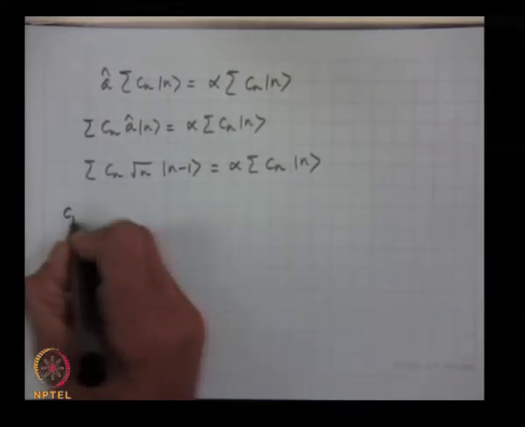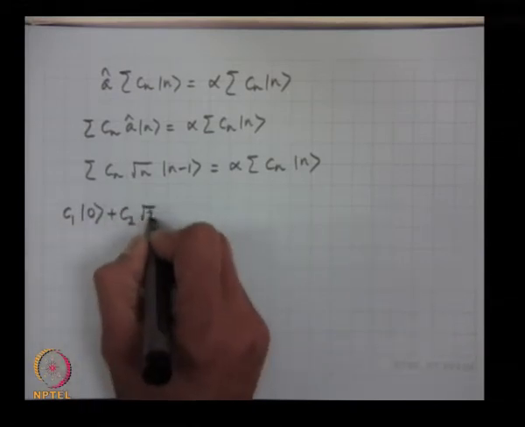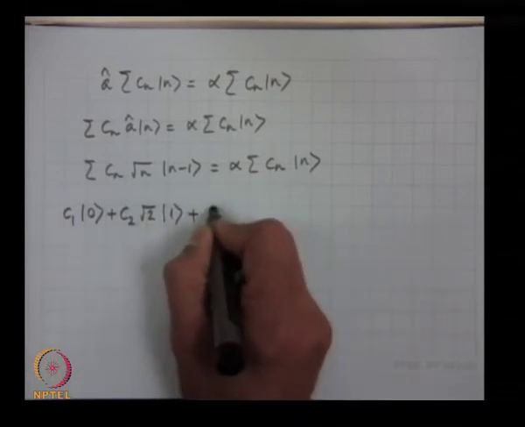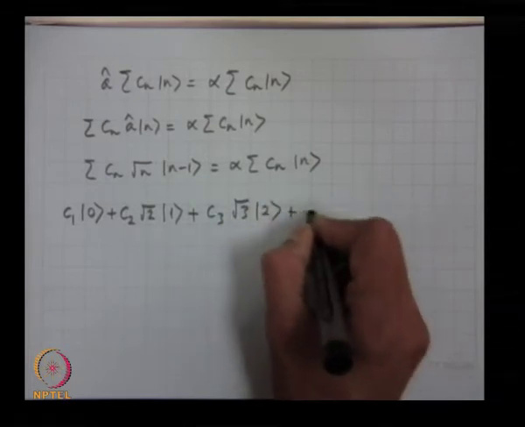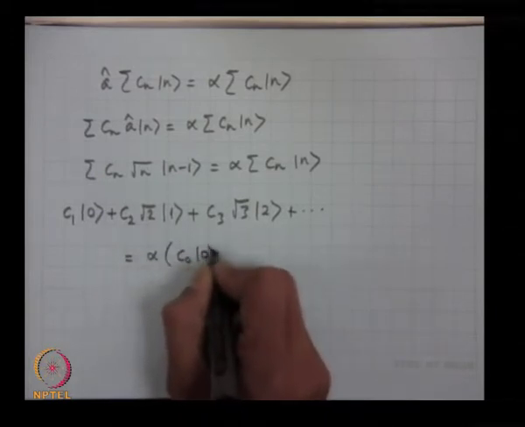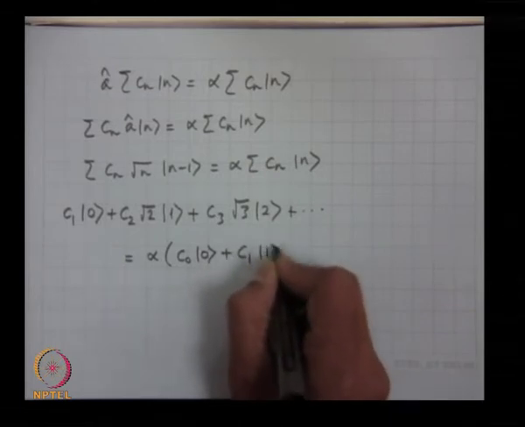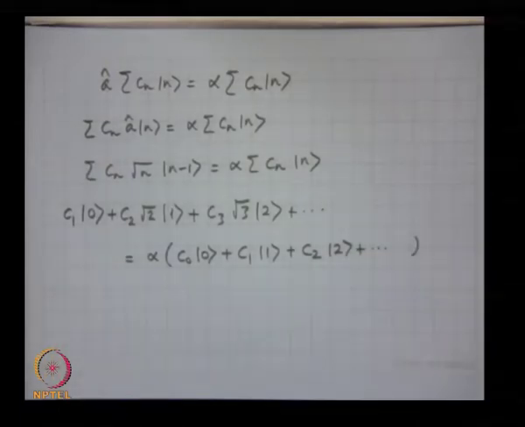So I will have C1 0 ket plus C2 root 2 1 ket plus C3 root 3 2 ket plus so on, which is equal to alpha times C0 0 ket plus C1 1 ket plus C2 2 ket and so on. In these sums, n goes from 0 to infinity. I've just expanded the sum and written explicit terms.